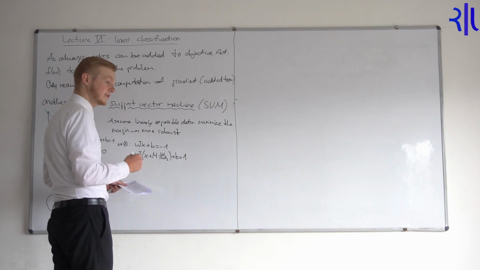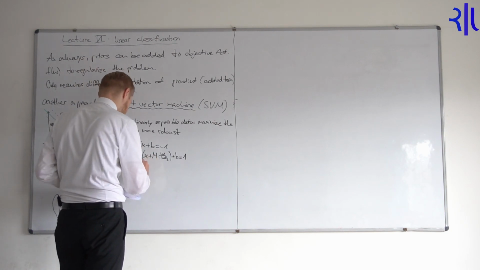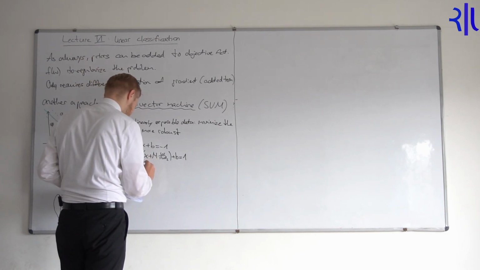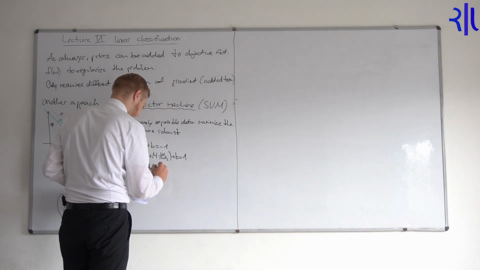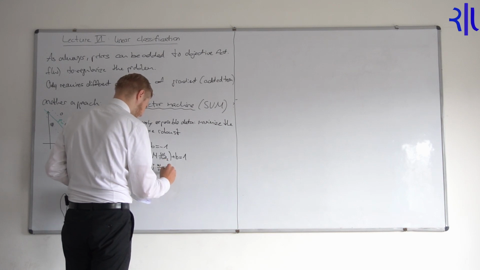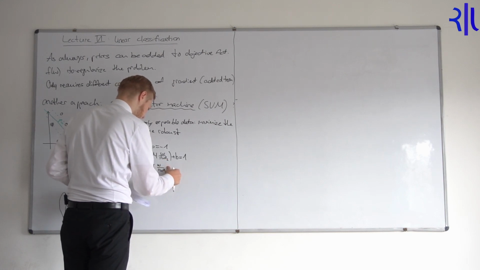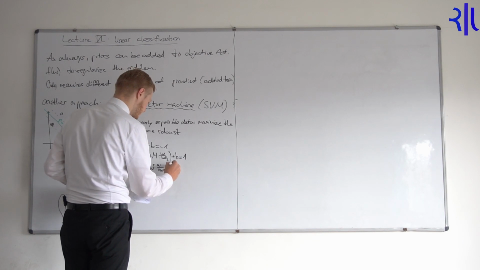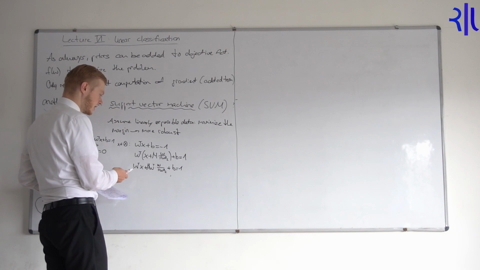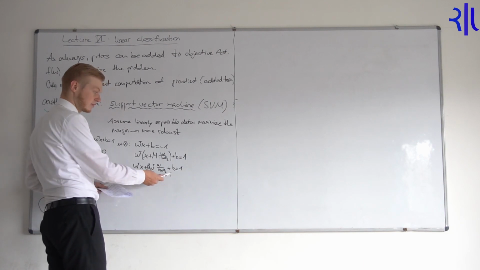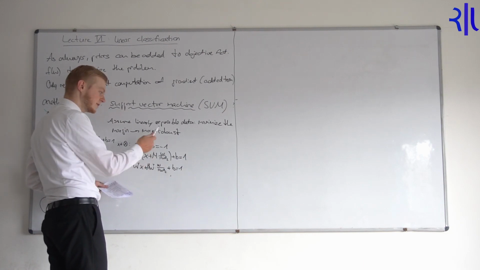And now we can rearrange that, because what we have is omega transpose x plus omega transpose times m times omega divided by the length of omega plus b is equal to 1. And omega transpose x plus b, you already know what that is. That is -1.